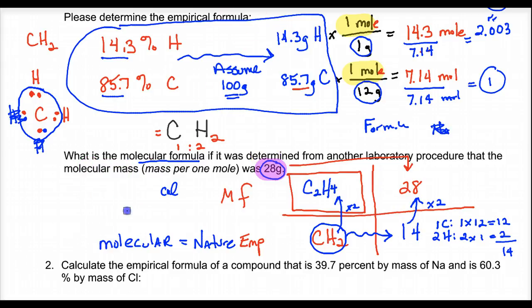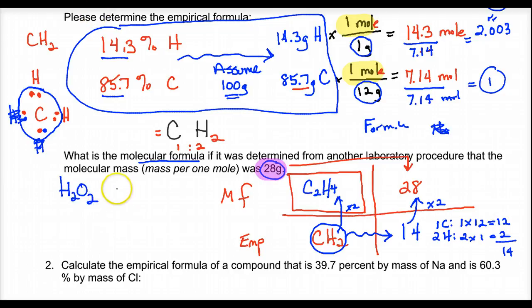Case in point, if I give you hydrogen peroxide, it exists in nature as H2O2. This is exactly how this molecule bonds. That's its molecular formula.